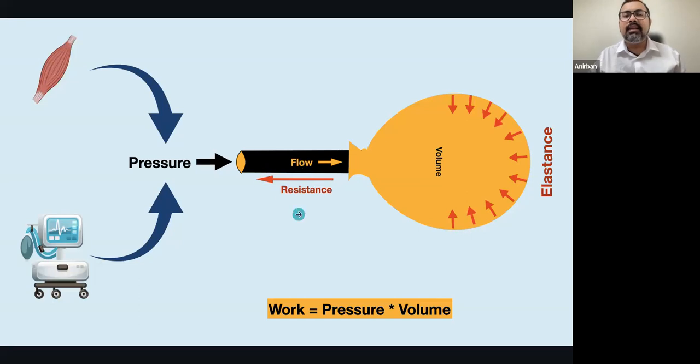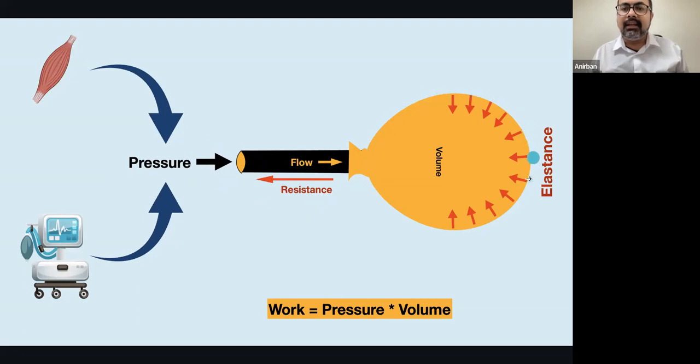This resistance increases in disease conditions like COPD, bronchial asthma, or if you have too many secretions, or kinking of your endotracheal tube, or partial occlusion of your endotracheal tube. Wherever there is a narrowing of the airway, the resistance increases, and therefore the pressure required to maintain the flow against increased resistance also increases.